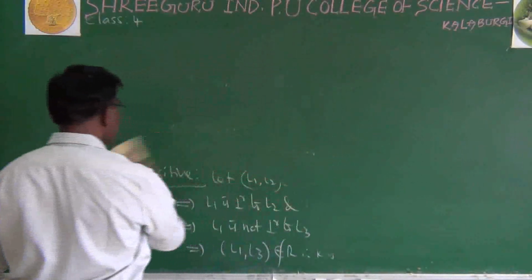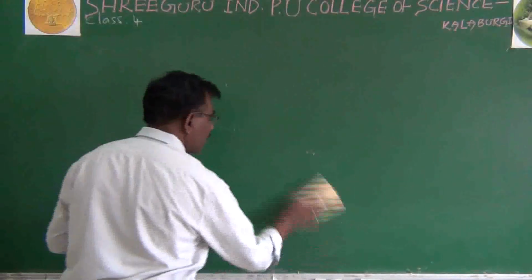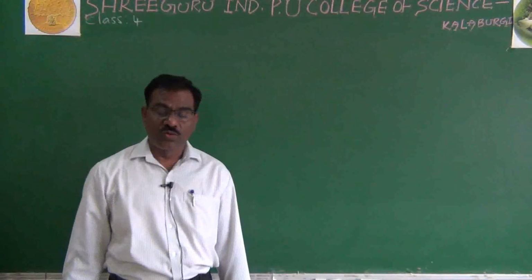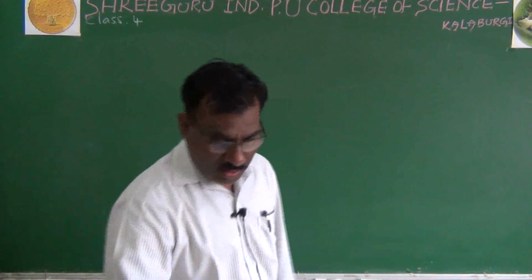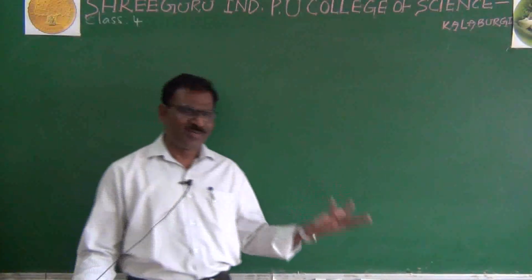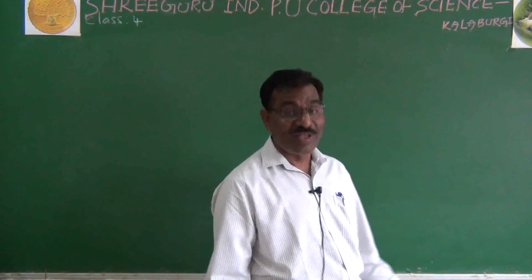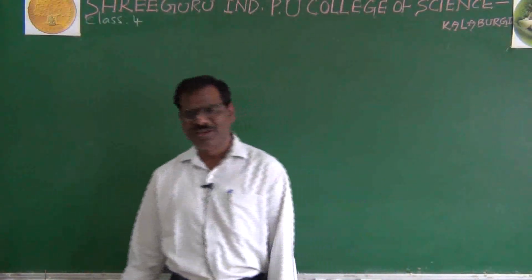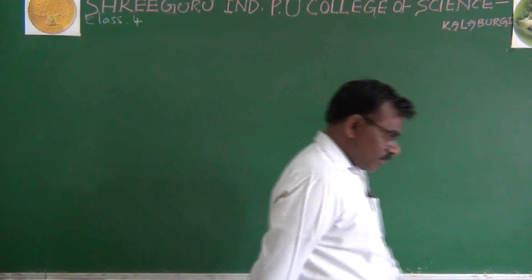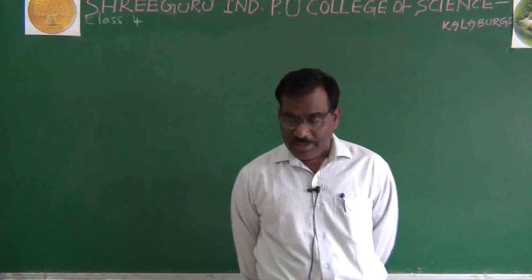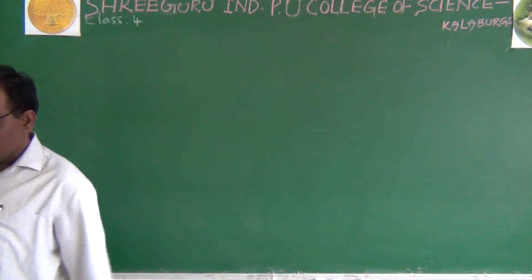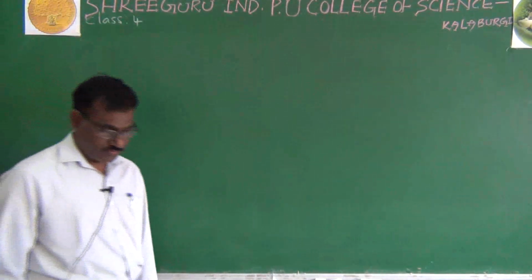Transitive, no. So in perpendicular, only one condition is satisfied, that is symmetric. Give an example of reflexive, symmetric, transitive: so many examples. Even parallel, similar, congruent. This is also important. So repeat it once again: perpendicular is only symmetric but not reflexive and transitive.